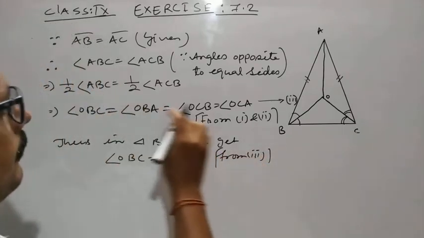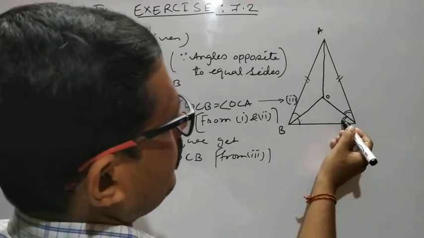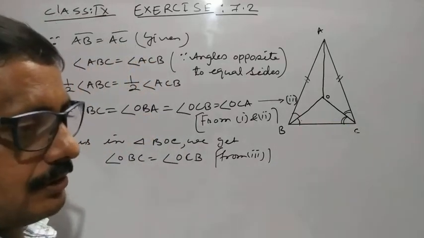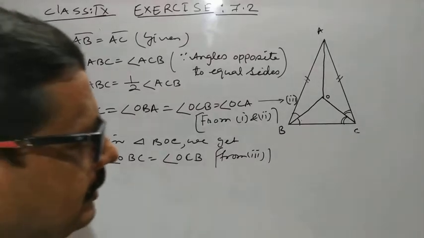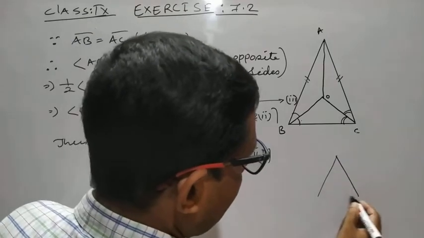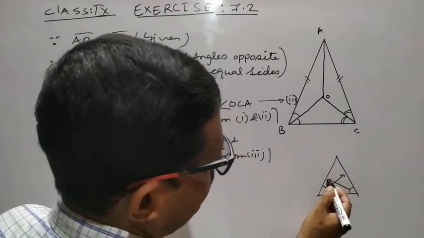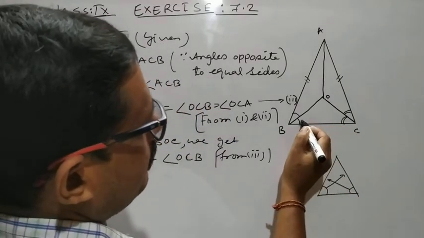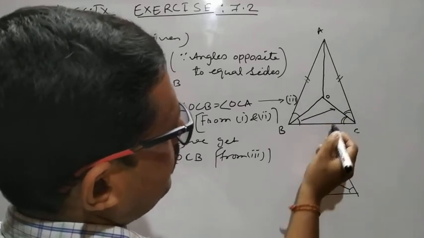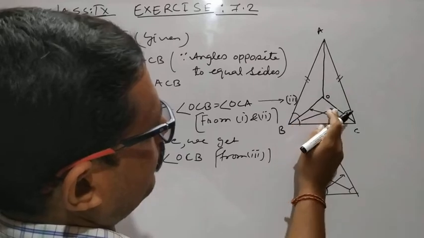We know that if two angles of a triangle are equal, then their opposite sides are also equal. That means if this angle equal to this angle, then its opposite sides are equal. So here also this angle equal to this angle, so its opposite sides are this and this. So definitely OC will be equal to OB.